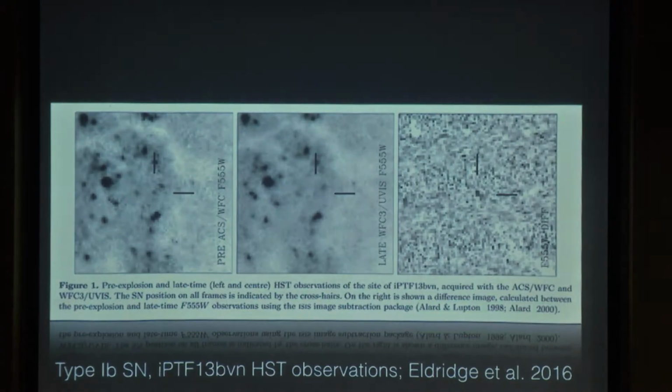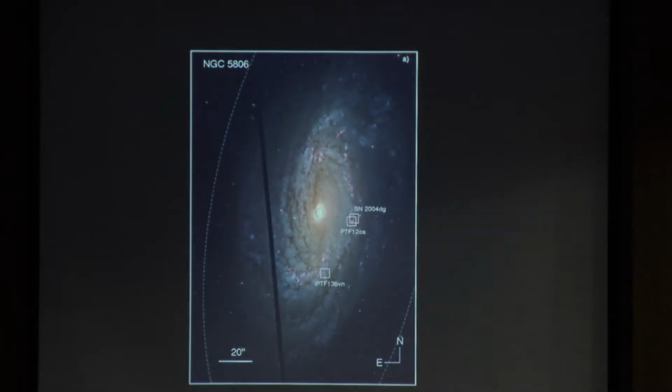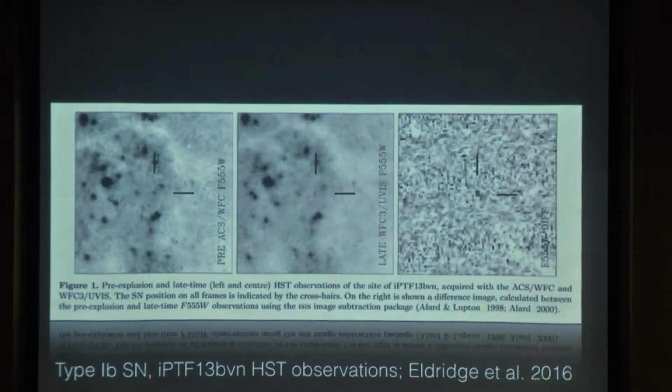So what you're seeing here is two images of one of these supernovae. It's a very, very tiny part of the galaxy, one of these boxes here. What they did is they observed this supernova before it exploded and several years after it was completely gone. And doing the image subtraction, they were able to find a difference.